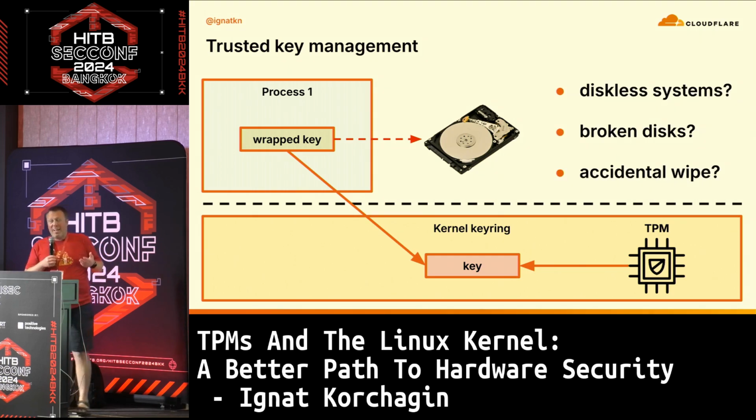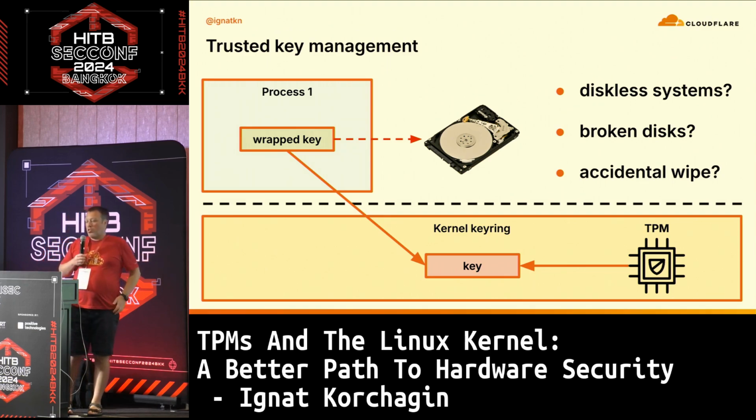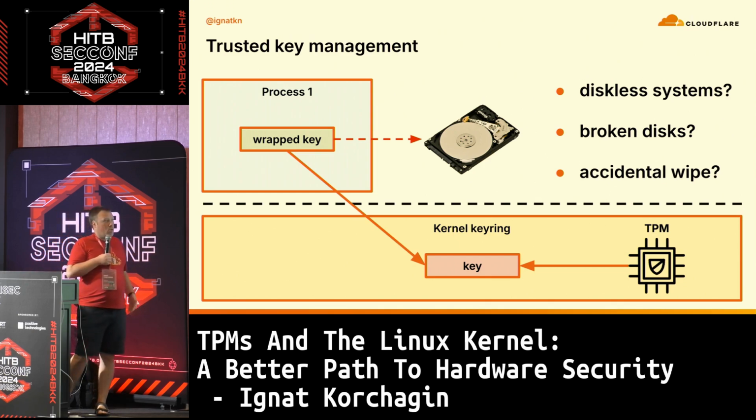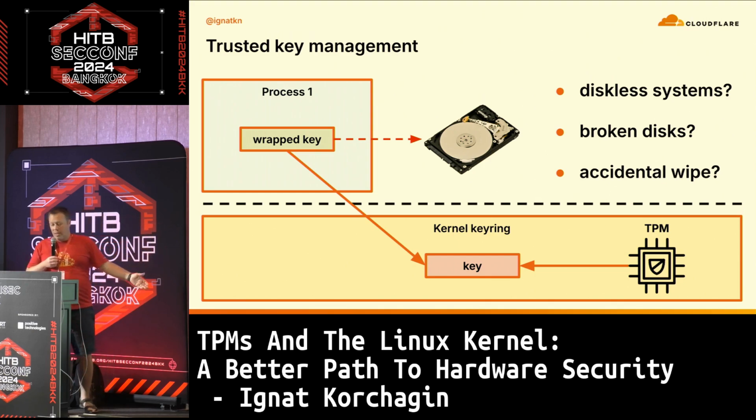But this is not an ideal approach for Cloudflare, because most of our infrastructure is stateless, and we consider our servers disposable. I can take any server out of production, wipe it, and I expect it to work again when it reboots. What if you have a diskless system? What if your disk is failing? What if you have an accidental wipe?